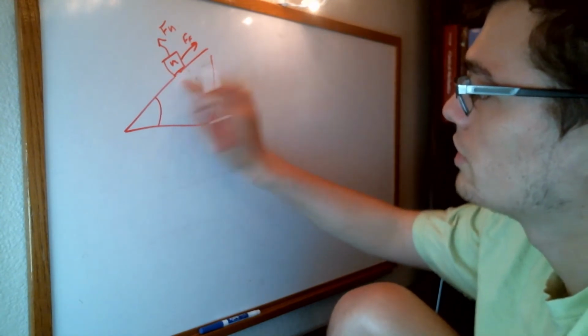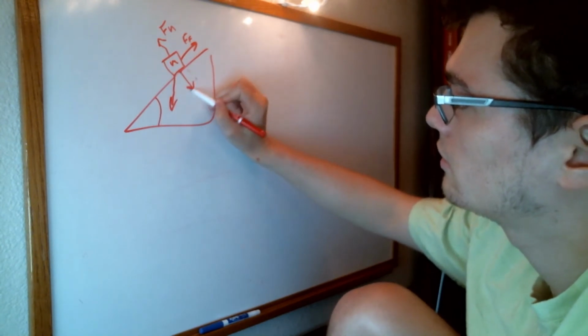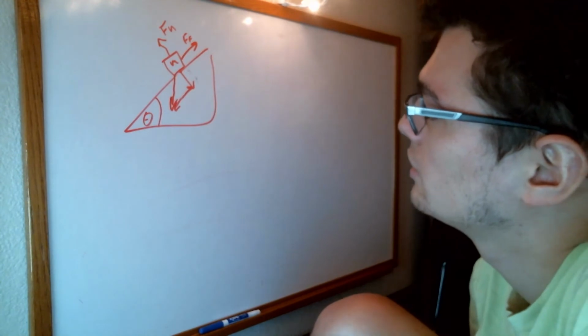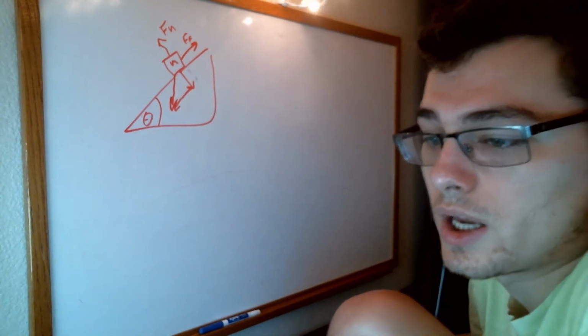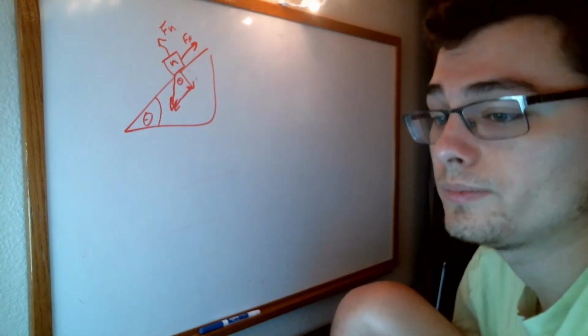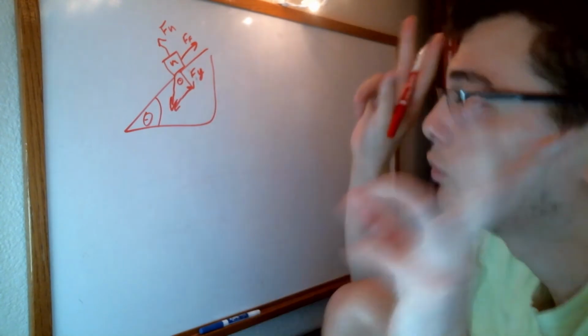I'm going to redraw these. This is theta in here. So now this is going to be a similar triangle, so this is going to be equal to theta. This is technically our y component.